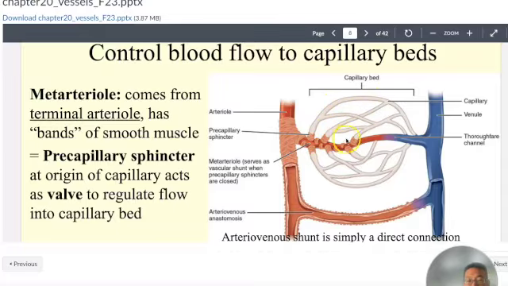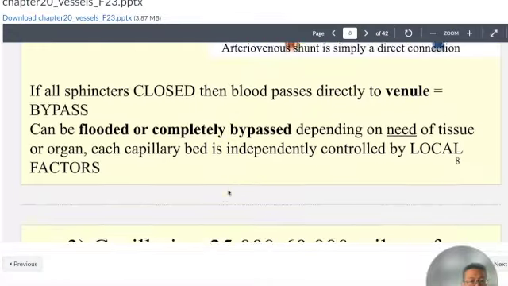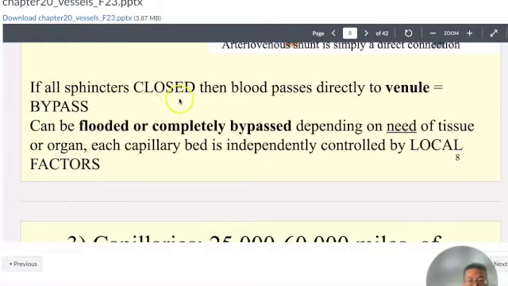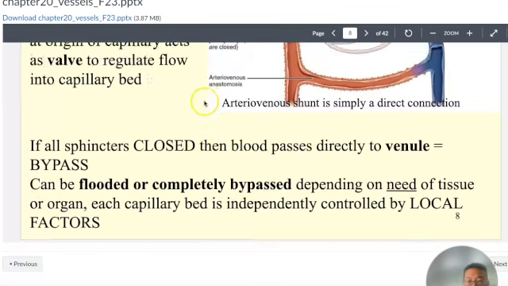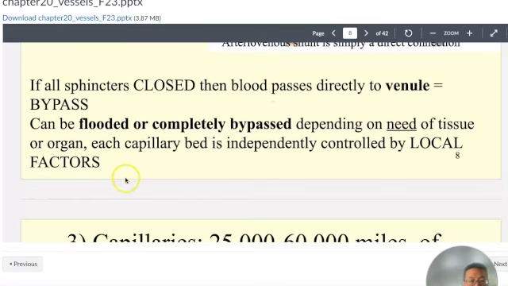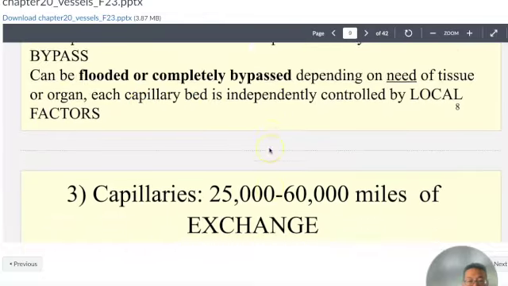If you don't need blood there, it's not going to go in there. If all the sphincters are closed, then blood will pass directly to the venules. It doesn't need it, so it will just go straight through. It can be flooded or completely bypassed, so it depends on the need of the tissue or the organ.